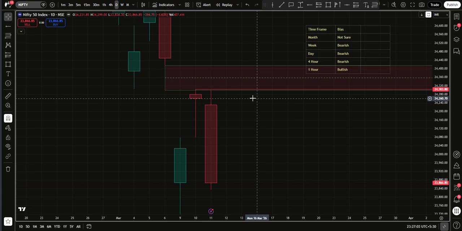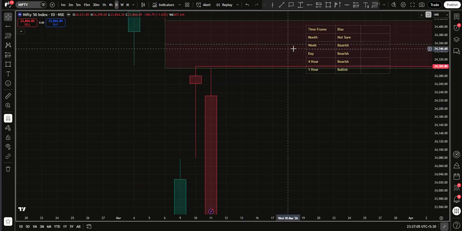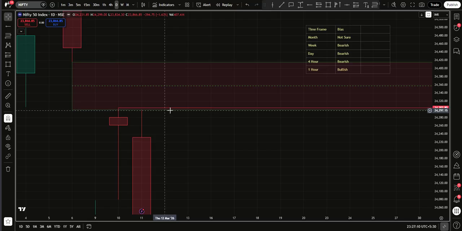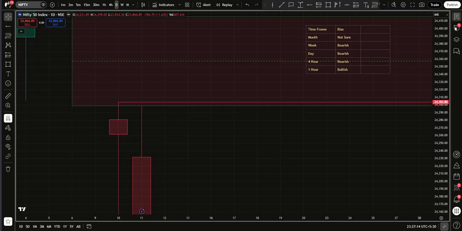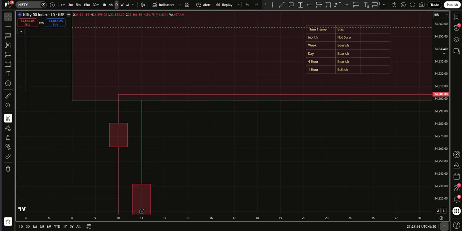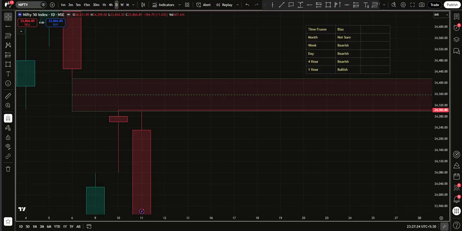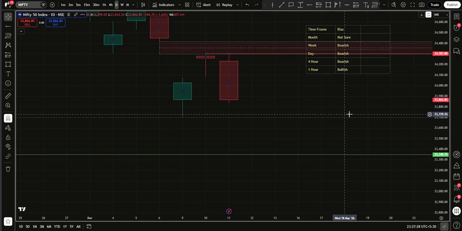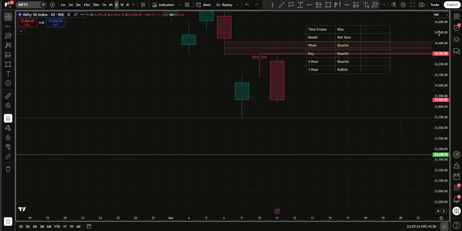It's a nice scenario in which the bottom of this fair value gap can be tested, and that is somewhere around 24,300. But the high of this candle should not be tested, and that is 24,303.8. So it's just 3 points above, but I'm expecting a more bearish move tomorrow.